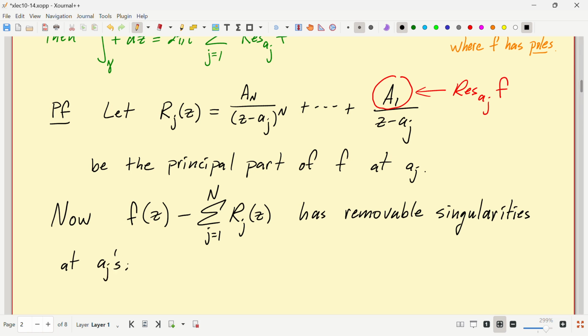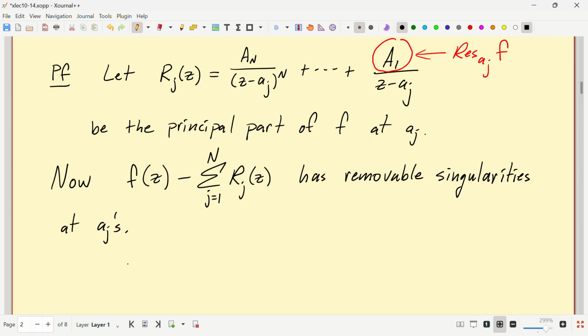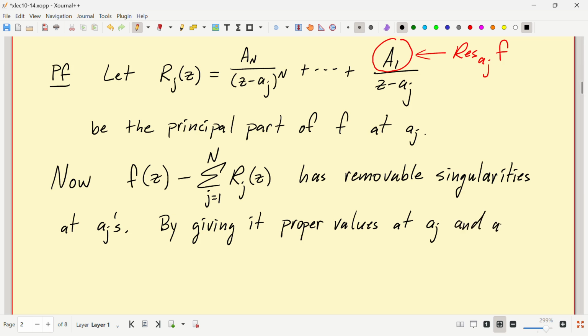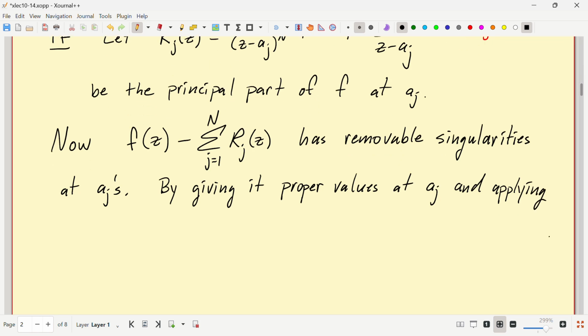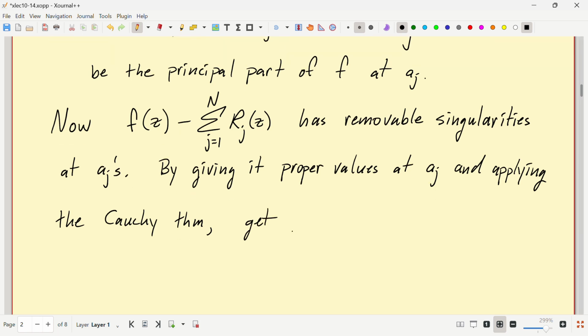So by giving it the proper values at aj and applying the Cauchy theorem, which we believe holds because we can just see it on the toy region, that means the integral of that function would be a big fat 0.